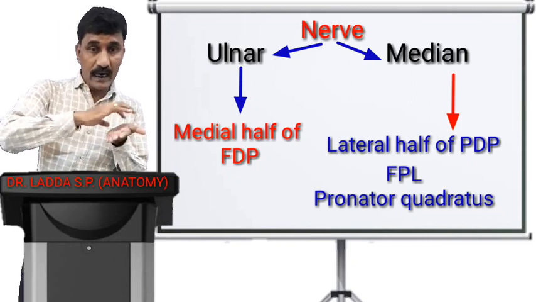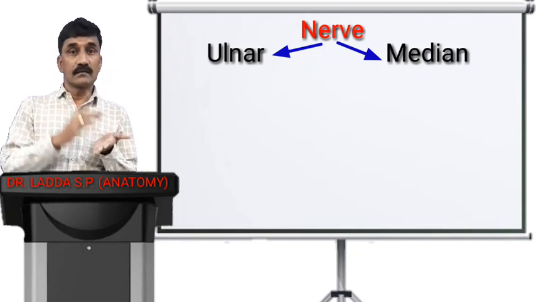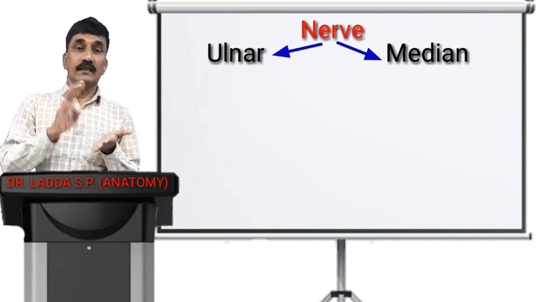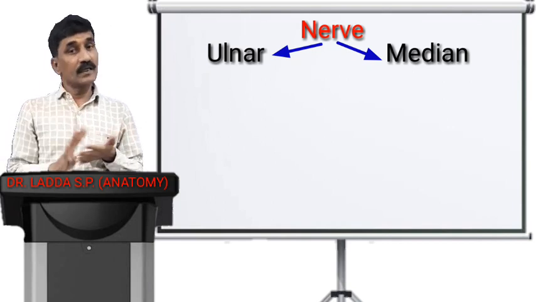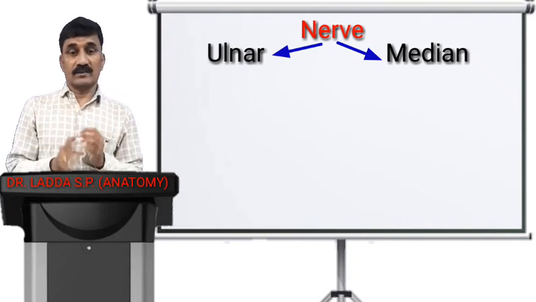Now about the muscles of the hand, we know there are 3 thenar, one addition is there. There are 4 hypothenar, there are 4 lumbricals, and there are 8 interosseous muscles.